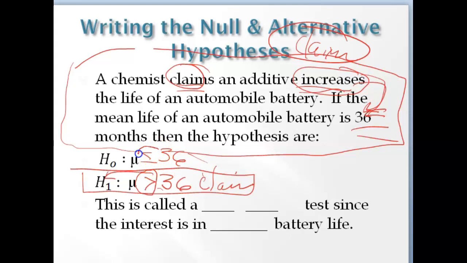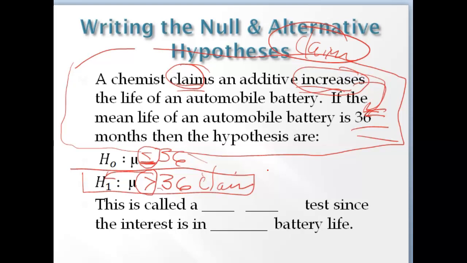Now, remember, the null hypothesis always has to contain a condition of equality. So again, what I would encourage you to do is, first of all, identify the claim. Once you identify the claim, decide whether that is the null or alternate hypothesis. Remember, the claim can be either one.